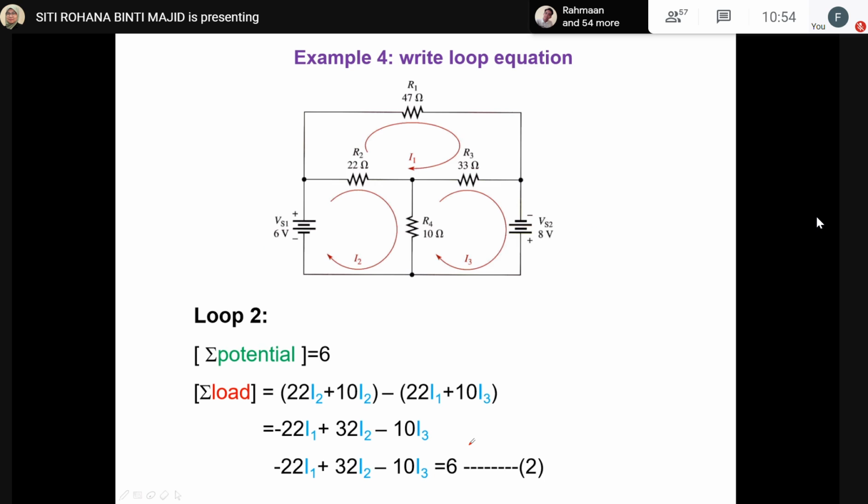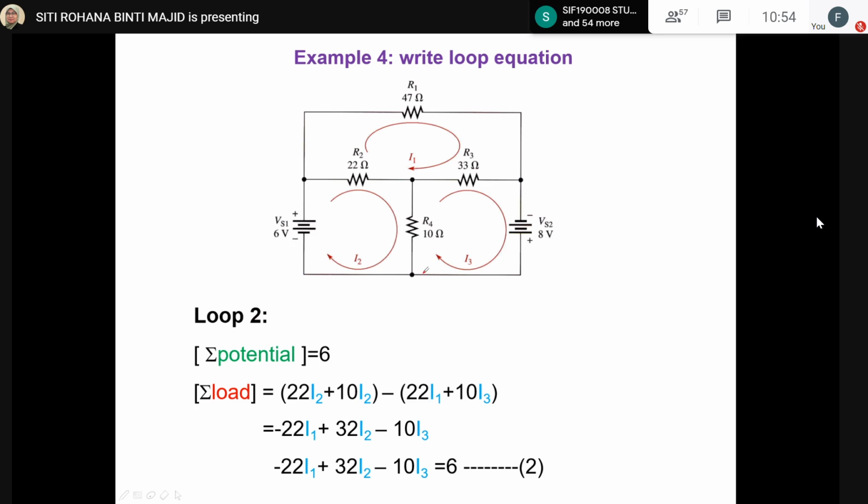The next part we proceed with loop 2. The potential for loop 2 is 6 volts, very clear here. The same procedure is used to calculate the total load.